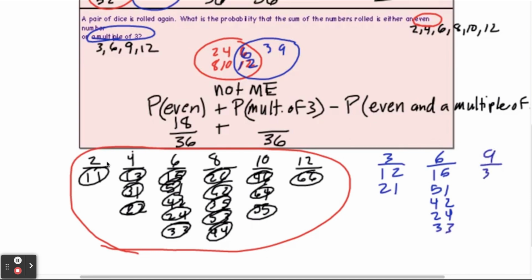For 9, we have 3, 6, 6, 3, 4, 5, 5, 4. And then for 12, again, we just have a 6 and a 6. And if I count the number of ways we could get a multiple of 3, there's 1, 2, 3, 4, 5, 6, 7, 8, 9, 10, 11, 12 different ways that we could get a multiple of 3.